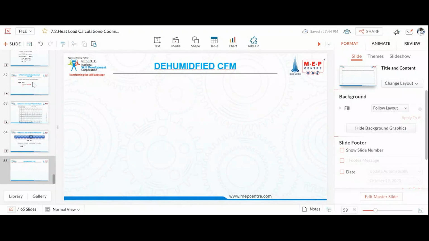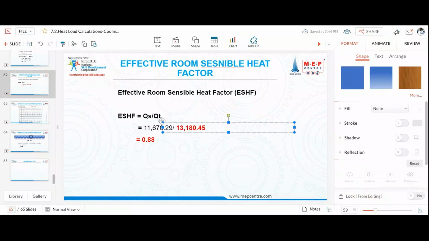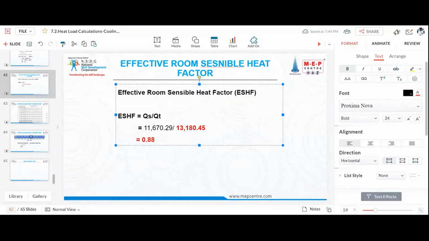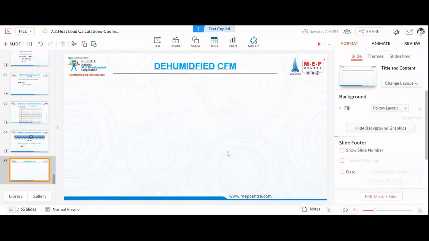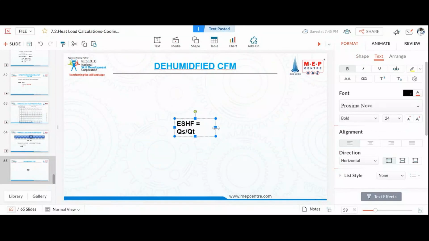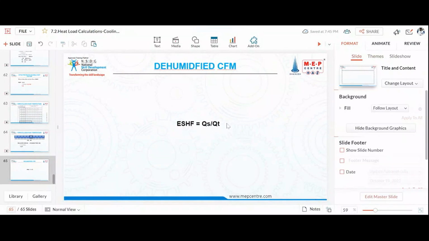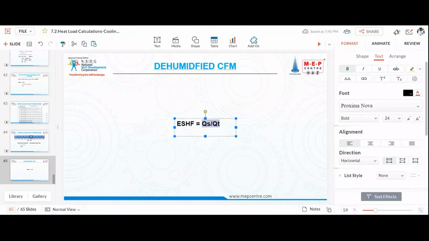dehumidified CFM equals QS divided by dehumidified rise into 1.08.